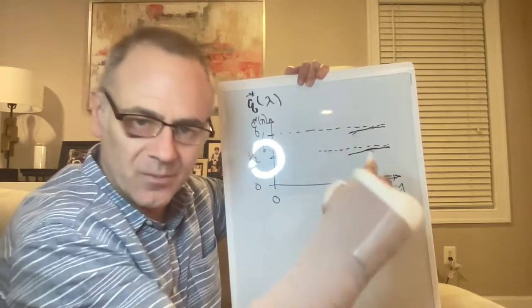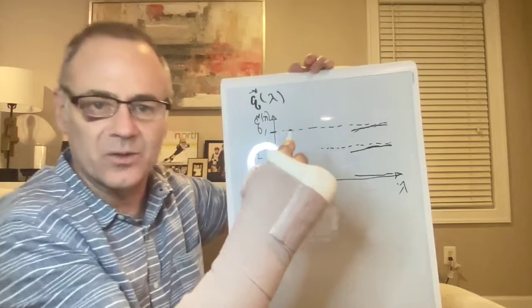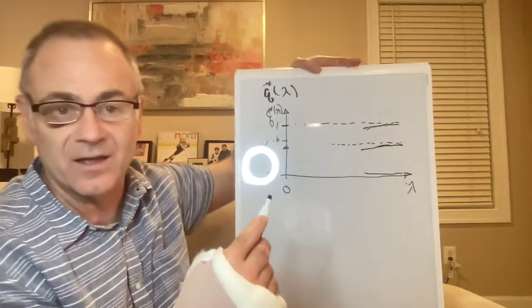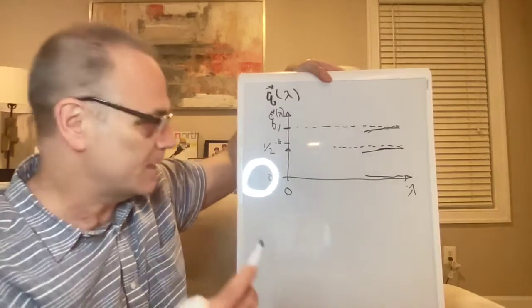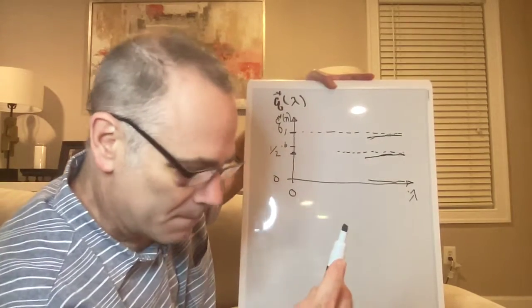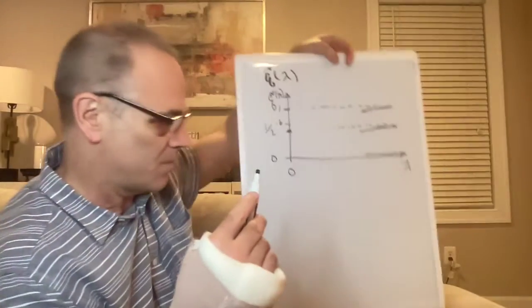It says that when lambda approaches infinity, it approaches the limiting case of one of the Nash equilibria. Now, which one does it? I'm not sure, but let me go back to this.